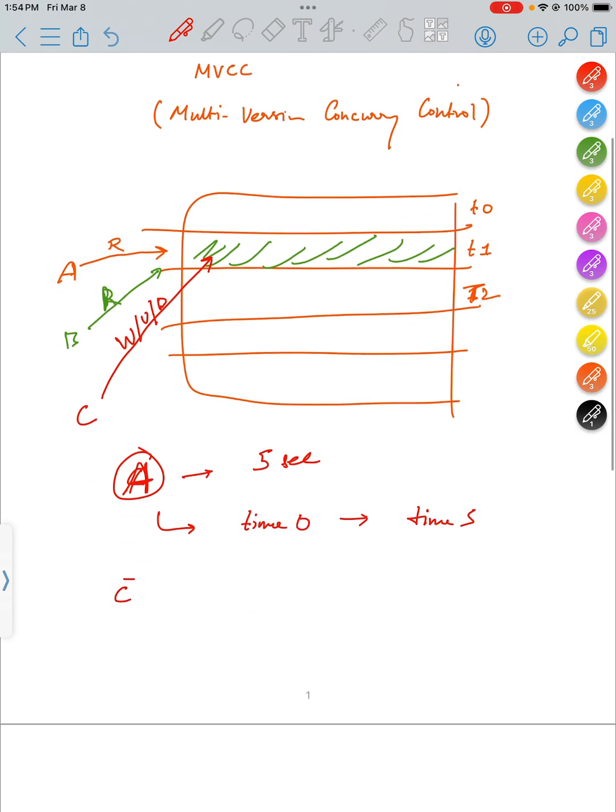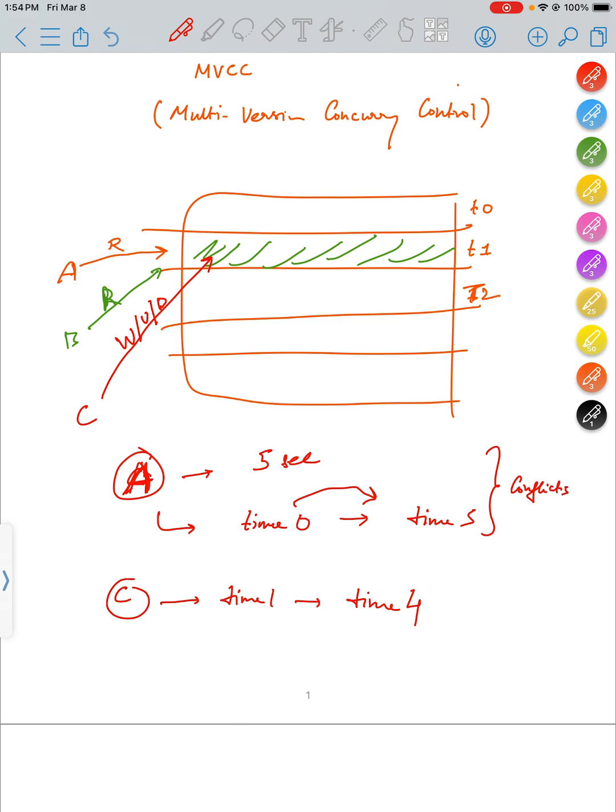Now in between C comes, and it starts at time 1 and ends at time 4. This is just hypothetical. So while A is reading, C updates it, and A is probably not aware of that. This can create conflicts, and that's how the problem starts to arise, and that's where MVCC comes into place.